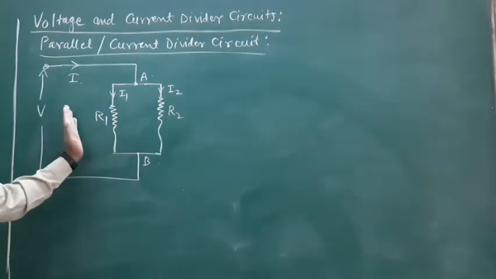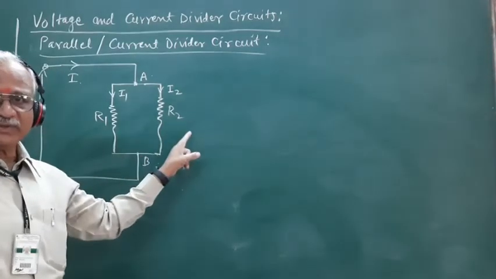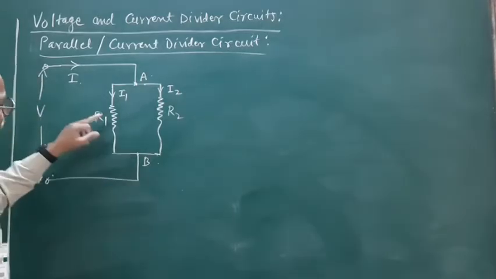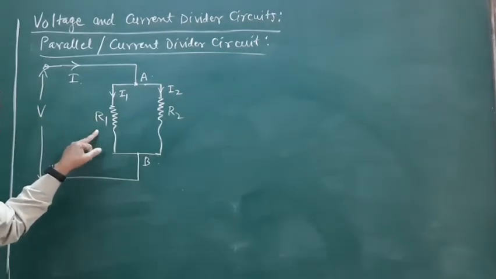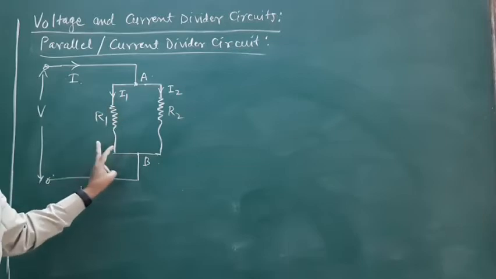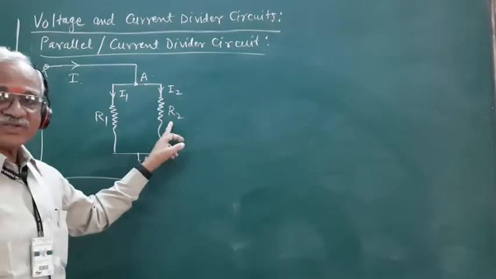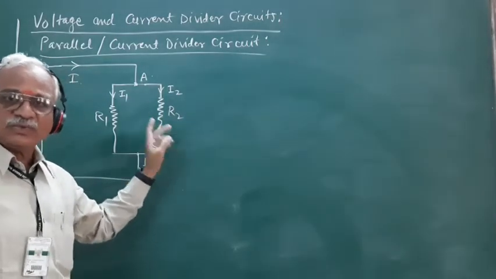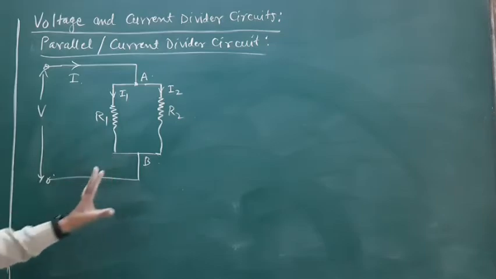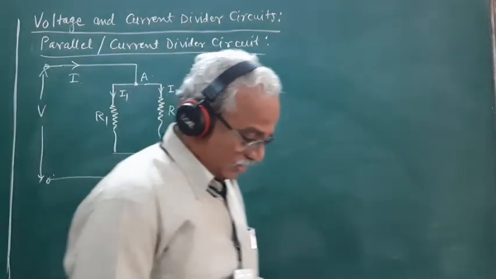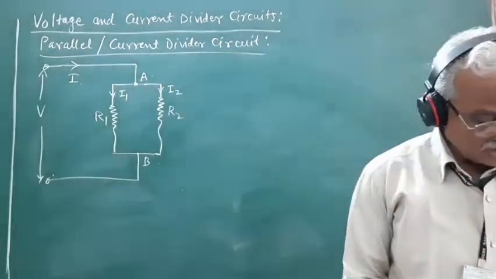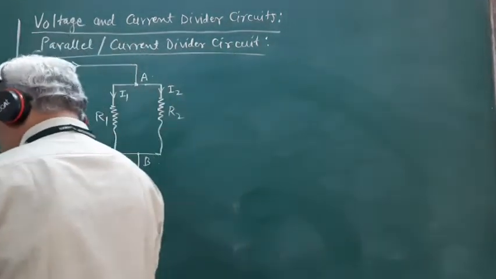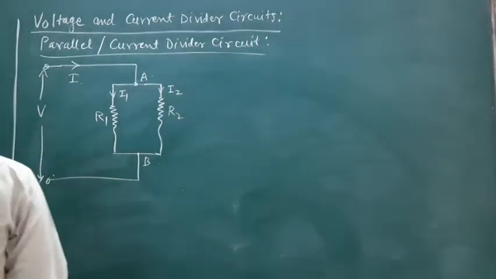So depending on what are the values of R1 and R2, this distribution of current will depend. If the value of resistance R1 is greater, then a small current will flow through R1, and if the value of resistance R2 is greater, then a small current will flow through R2 and greater current will flow through R1. So depending on the values of these resistors R1 and R2, the current distribution through these two resistors is going to be different.